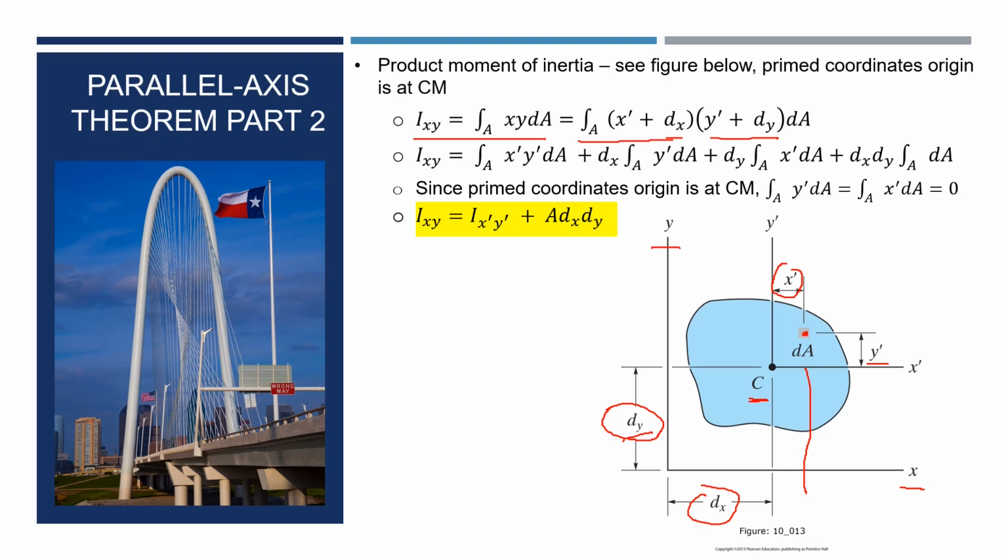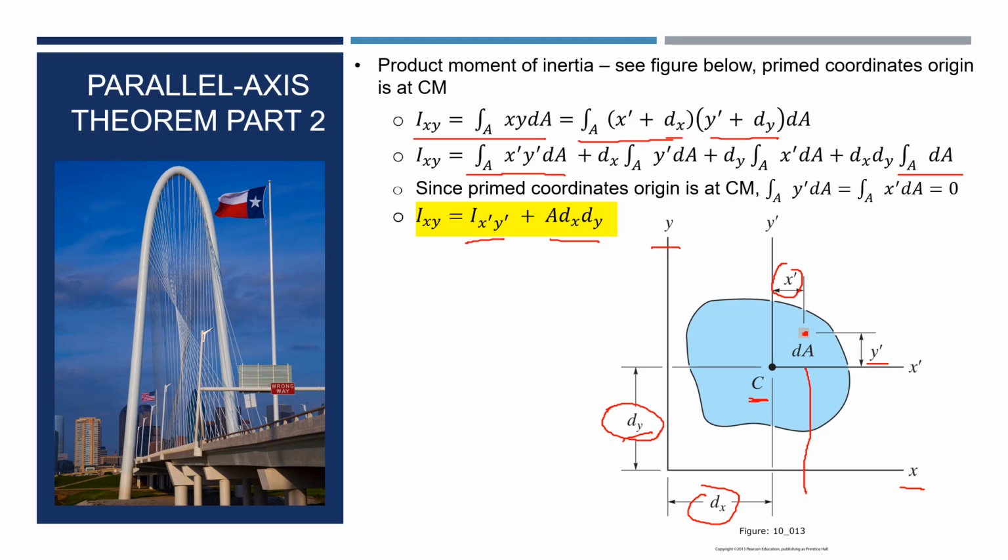Ixy, then, we can work this out. We expand the binomial, we get these expressions here, and this, of course, is dx dy times A. This integral is just the area. This is the product moment of inertia about the center of mass. And that's the first term, the last term. These two terms, just like before, C is the center of mass.